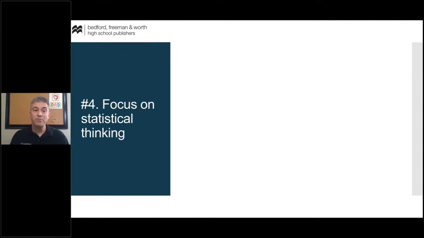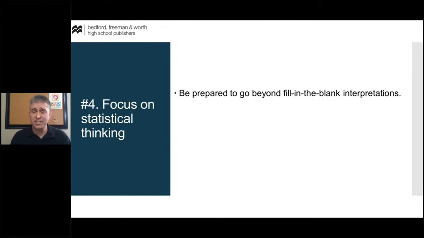And finally, tip number 4, focus on statistical thinking. This is, of course, great advice for any AP statistics exam, any year that you're thinking about taking it, but it's especially important this year. The first tip says, be prepared to go beyond fill-in-the-blank interpretations. Now, this is a speculation that we have, that because students are allowed to use their book and their notes, it's unlikely that there's going to be lots of opportunities to do fill-in-the-blank interpretations.